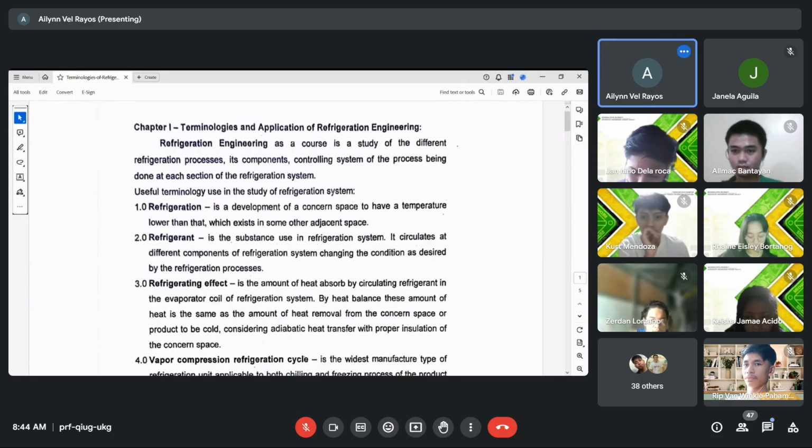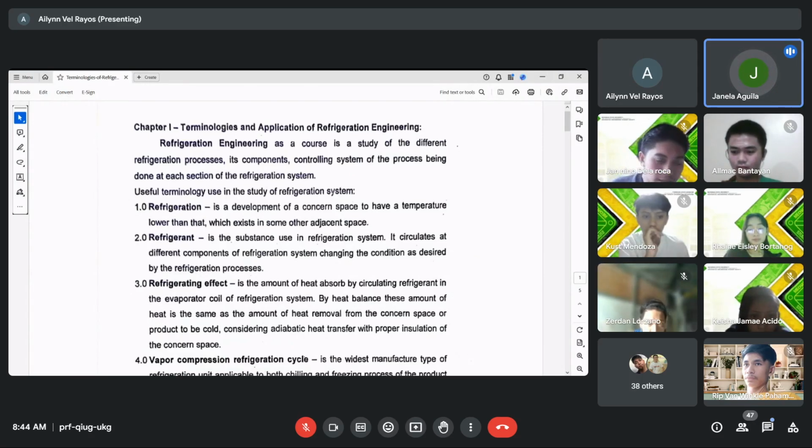Next. Refrigerant is the substance used in the refrigeration system. It circulates at different components of refrigeration system, changing the condition as desired by the refrigeration processes.